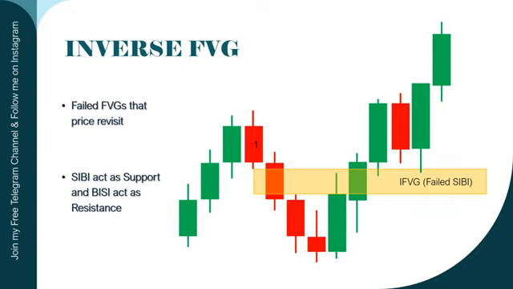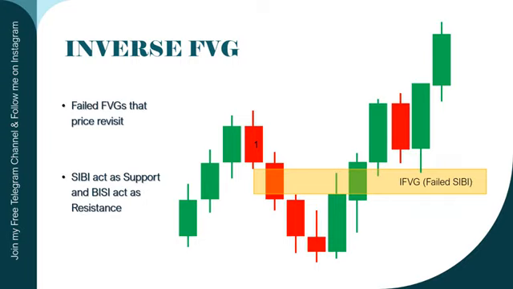All right, so the third fair value gap that I'll talk about is an inverse fair value gap. So in some situations, the market will take out a fair value gap, making it a failed fair value gap, but it's not a completely failed fair value gap. It can still be used at a certain point in time.